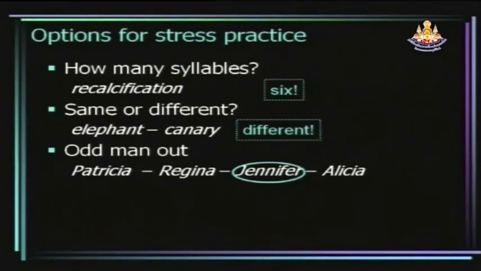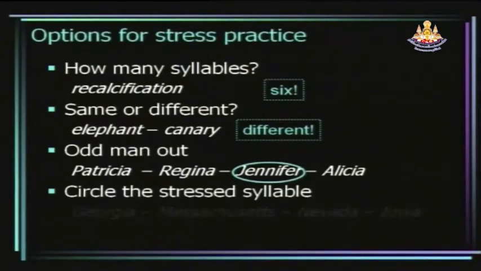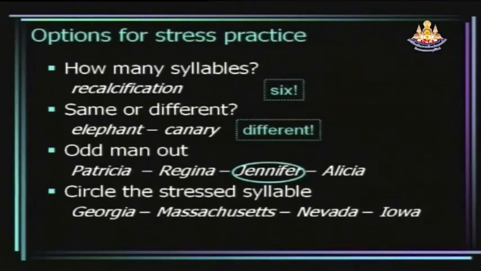Exactly. And another possible activity to do with your students, circle the stressed syllable. Georgia, Massachusetts, Nevada, Iowa. So our answer would be Georgia, first syllable, Massachusetts, third syllable, Nevada, second syllable, Iowa, first syllable. Very good.